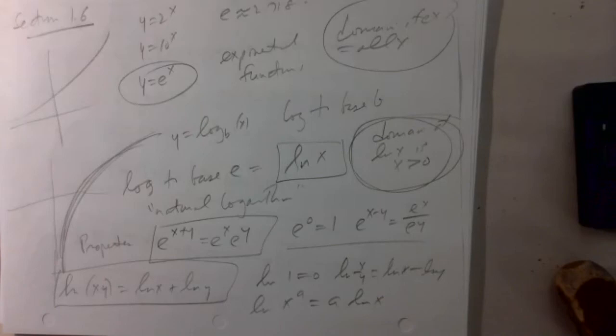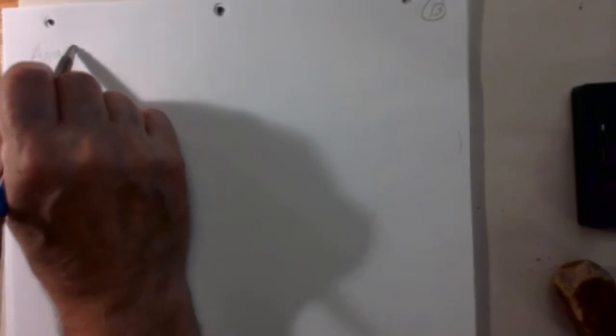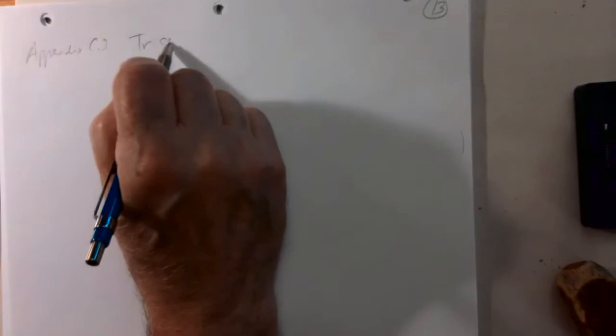So C.3. So this is Appendix C.3, trigonometry.